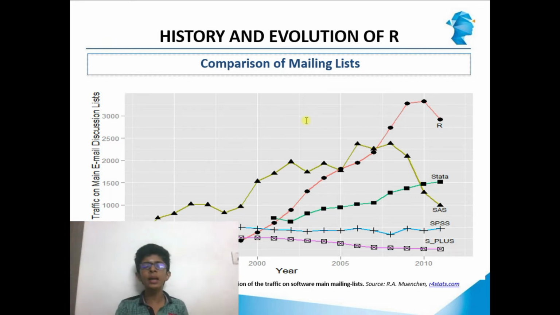In 1993 R was only at 100 and it has now gone up to 3000, where SPSS, Stata and SAS, some of the best legends of statistical languages, were ranging in the 2000s, whereas R has risen to 3000, and now in 2019 it may reach about 5000.